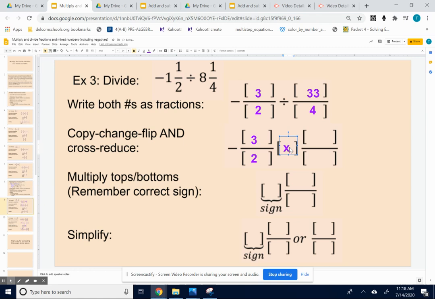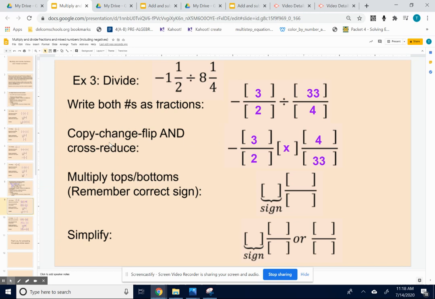Just use the letter X. And then we're going to flip over the second fraction. 4 on top, 33 ends up on the bottom. So we wrote them both as fractions by multiply, add, drag, and then we copied the first fraction. We changed divide to multiply. We flipped over the second fraction.